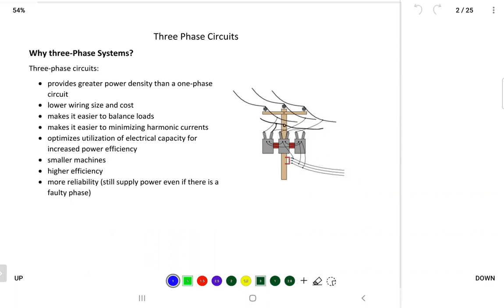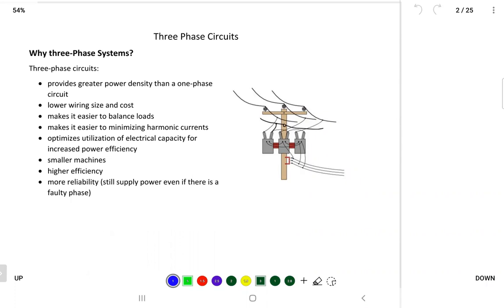First of all, the power density will be less when you are using three-phase than single phase. That's number 1. And also it will save cost, because the power will be divided over 3 phases. So the size of wires and the voltage drop will decrease accordingly, and the cost will be less. So it's more efficient and more economical.